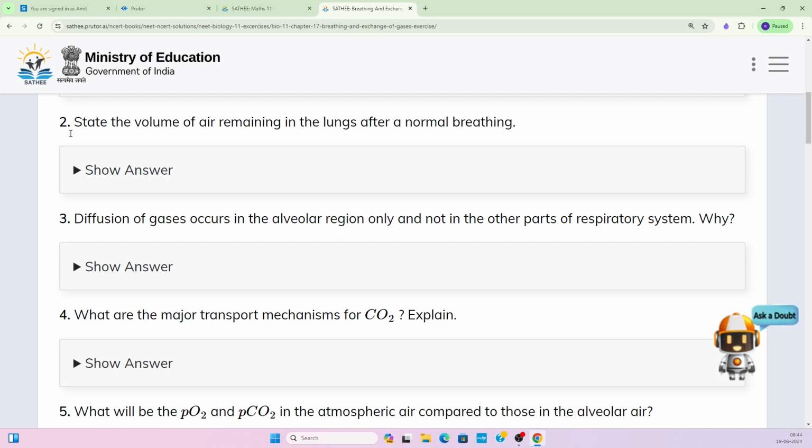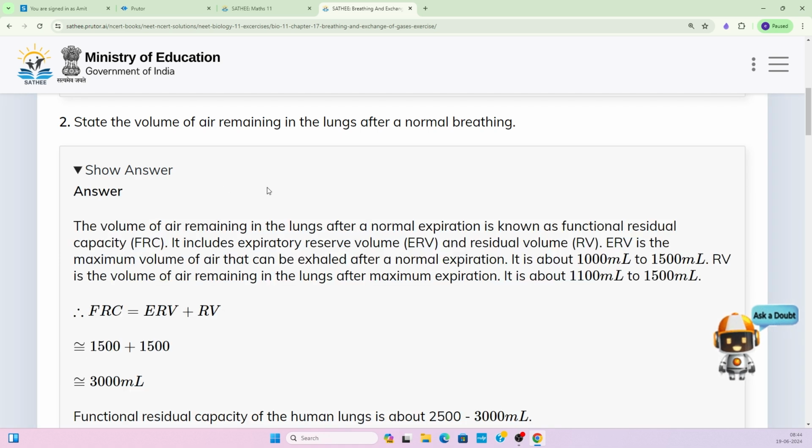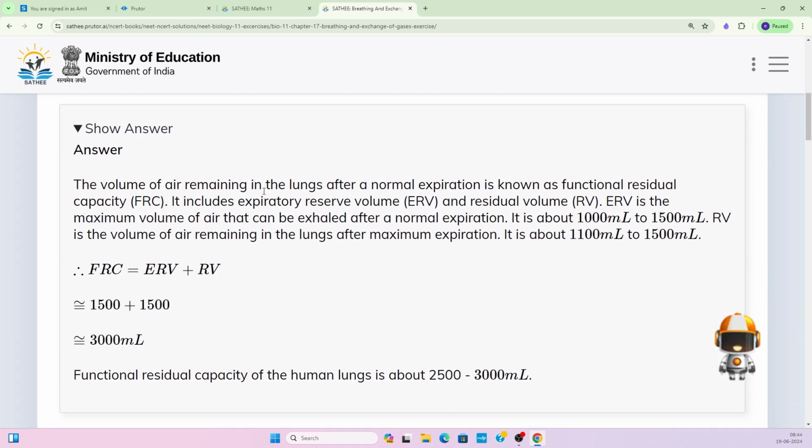The volume of air remaining in the lungs after a normal expiration is known as functional residual capacity, FRC, and it includes expiratory reserve volume and the residual volume.